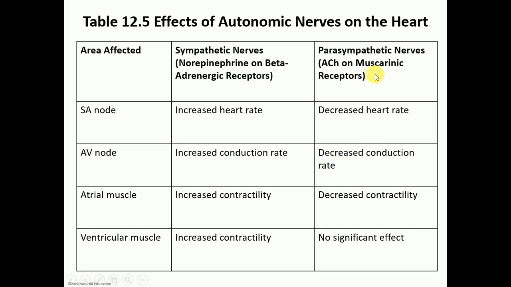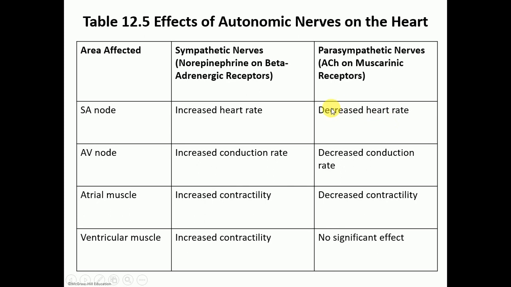Compare that with the parasympathetic fibers, which use acetylcholine, and the heart has muscarinic receptors. Muscarinic receptors are found in the SA node, AV node, and atria, but not on the ventricles. So there is a very limited effect of the parasympathetic nervous system on ventricular contraction.